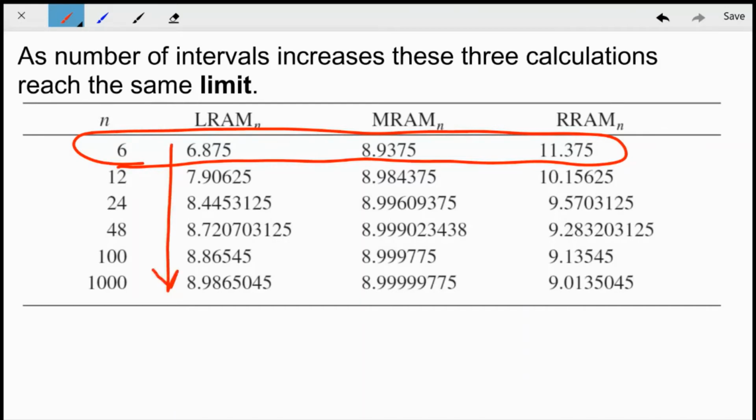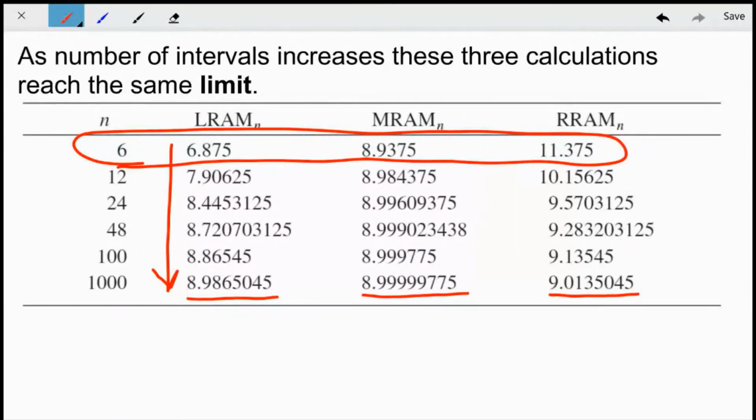My left-hand approximation is getting higher and higher, and it looks like I'm getting really, really close to 9. My midpoint approximation started out pretty close to 9, but again, I end up really, really close to 9. With the right-hand approximation, I started out significantly above 9, but you can see I'm decreasing and getting closer and closer to 9.